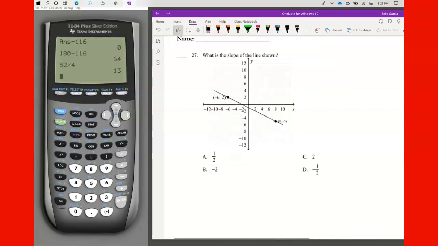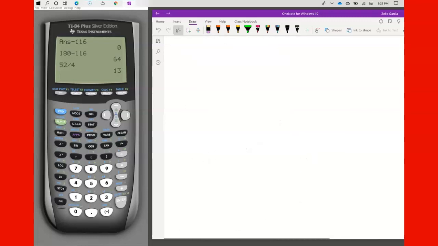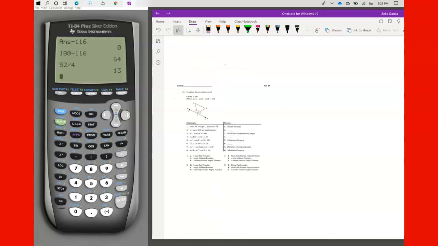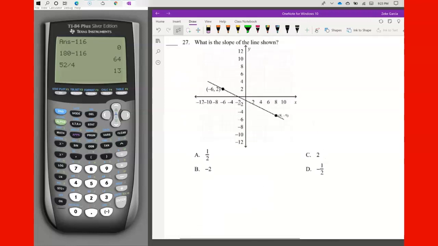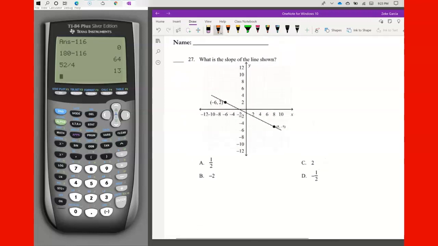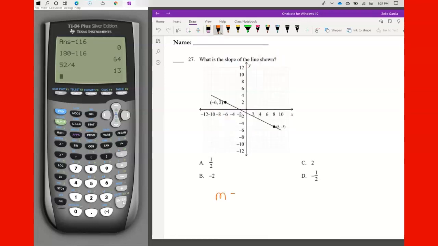So here is the slope, and let's go ahead and find the slope. And I'm having a hard time with my review here. So the slope is going to be m equals y2 minus y1 over x2 minus x1.